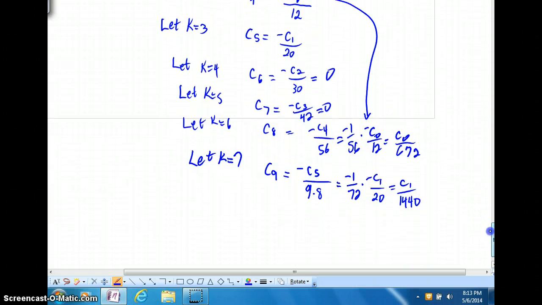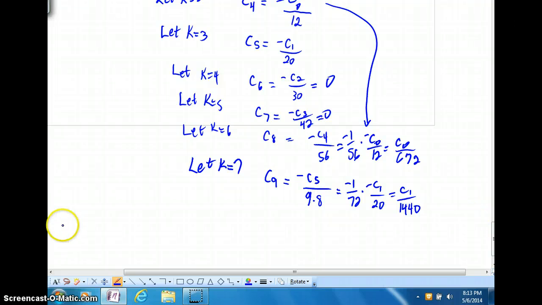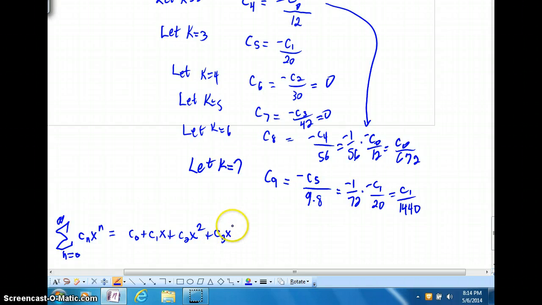Well, what we're going to do, just like we did in our last setup, is if we looked at this expansion, n equals 0 to infinity of c sub n x to the n, this of course would become c sub 0 plus c sub 1 x plus c sub 2 x squared plus c sub 3 x cubed.